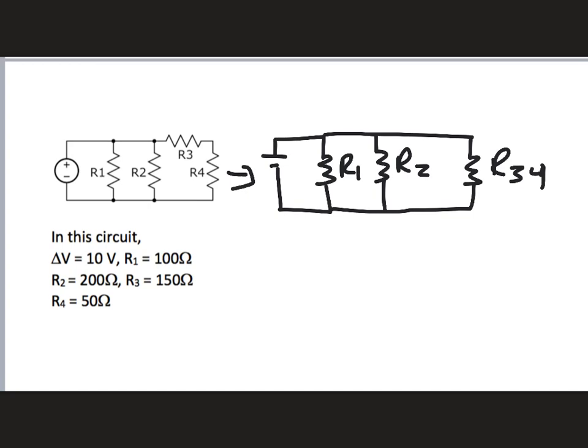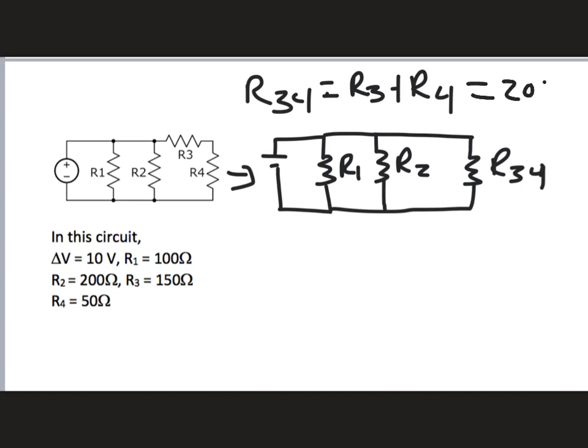And I can really quickly calculate what R3,4 has to be, because we know that R3,4 is going to be R3 plus R4. And if we look over here, we know R3 is 150 ohms, R4 is 50 ohms. So if we add those guys together, we get 200 ohms. And so once I have those circuits drawn, I can look at R1, R2, and R34, and I can see all three of these are clearly connected in parallel now.